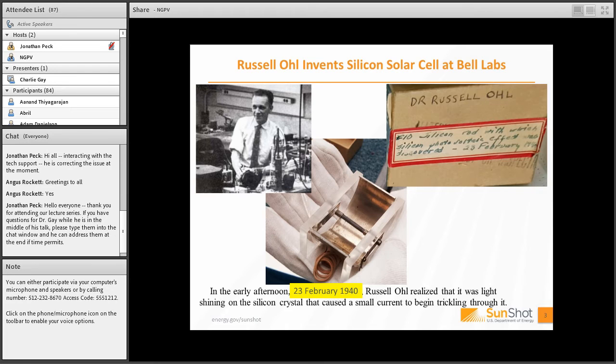Ohl did this work while at Bell Labs. The sample that's shown in this photo is an actual cell that he made and is on display now at the Smithsonian, which is a solar exhibit that opened up in November.